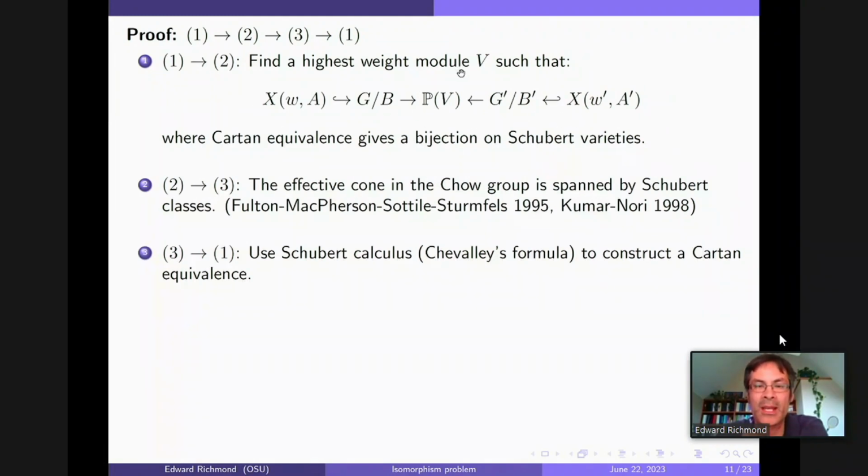Basically you pick this highest weight, and then you get a natural map from the flag variety, and this map may not be injective, but you know that it's injective when you restrict to the Schubert variety. That wasn't a great explanation, but I don't know if that was sufficient for now.